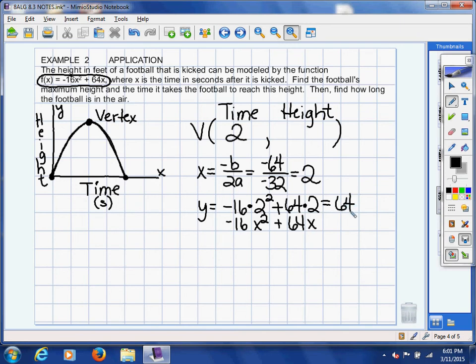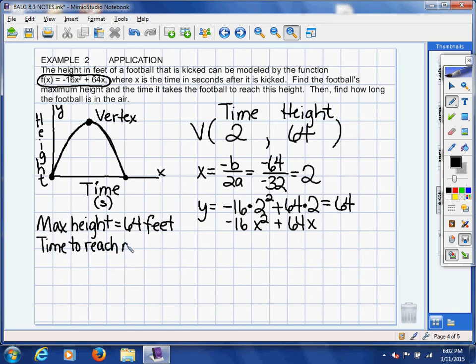Yeah, it's 64. So right away, I know what the maximum height is. The maximum height is 64 feet. Awesome. And I also know the time to reach the maximum height. It took the kicker 2 seconds. There you go. Excellent.